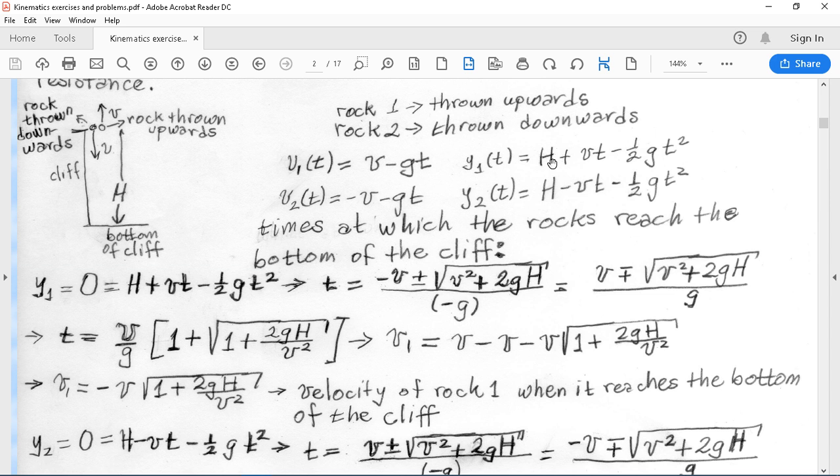H is the initial altitude, v is the initial velocity, and g is the acceleration of gravity. Expression for the velocity of rock 2 is minus v minus gt. The expression for the position of rock 2 is h minus vt minus 1/2 of gt squared.